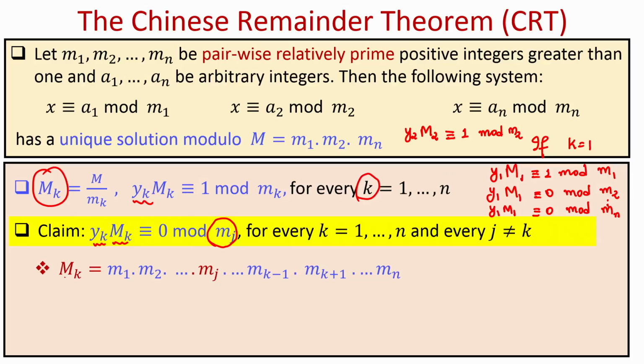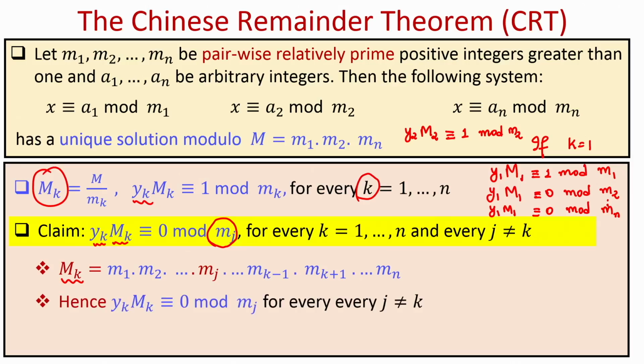So, I know that big M k is the product of n minus 1 small moduluses here, namely it is a product of all the n moduluses except the kth modulus, and hence if I divide this M k by m 1, I will get remainder 0, because this number is completely divisible by m 1.